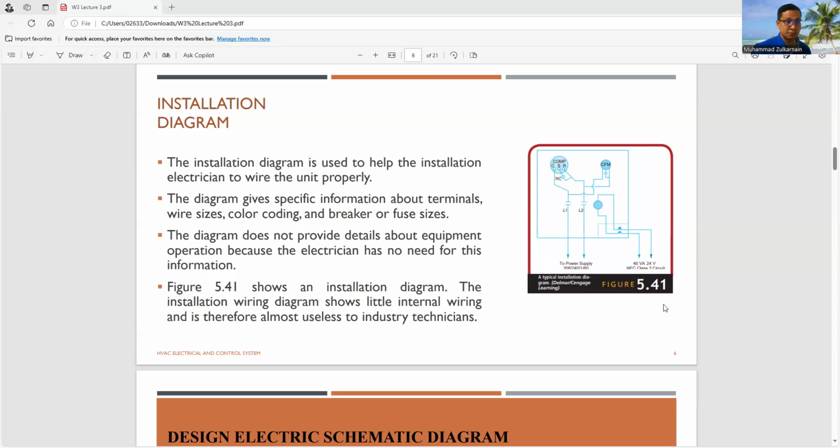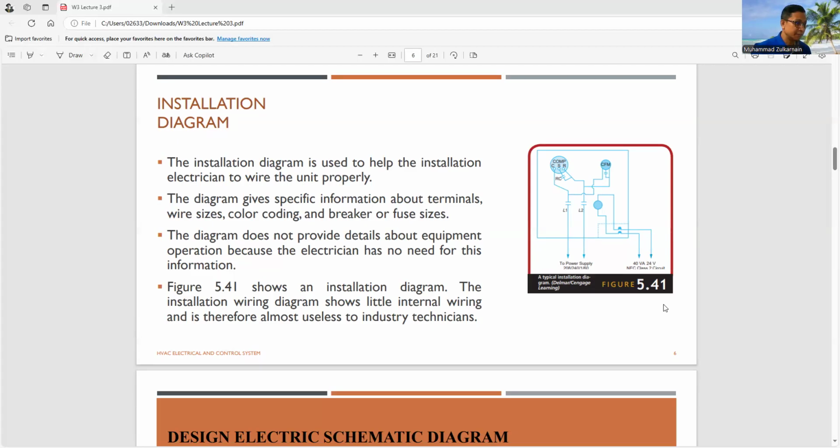The wiring information is provided only for use during the installation. So maybe the technician does not need specialization in the components, because the installation diagram is only for the wiring system.